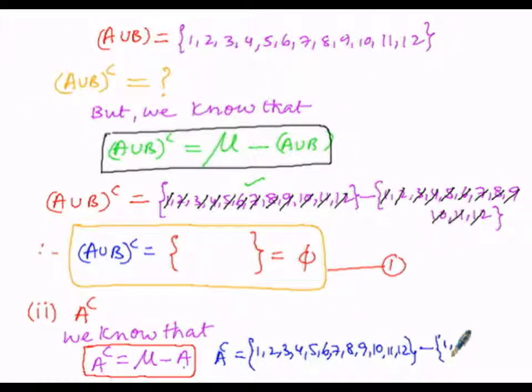So 1, 3, 5, 7, 9 and 11 are the odd numbers less than or equal to 11.